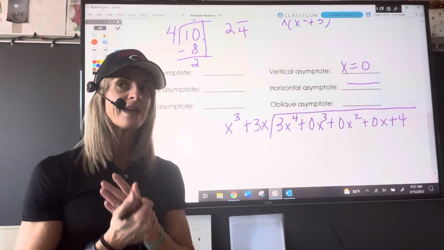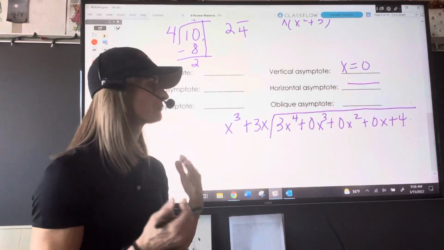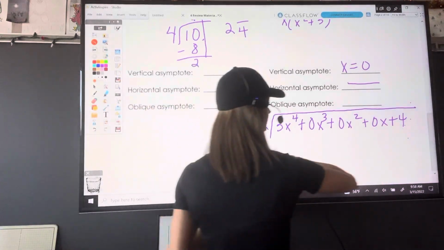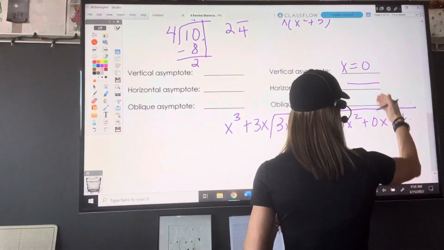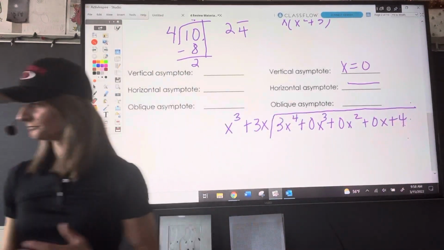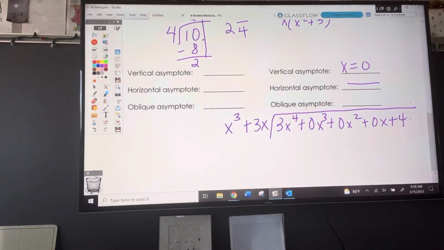We're going to put the 3x above where the x's go, so I'm going to put it right here. And now I'm going to multiply. 3x times x cubed is 3x to the 4th, and that's going to go underneath the x to the 4ths. And then 3x times 3x is 9x squared. I'm going to put that under the x squareds.